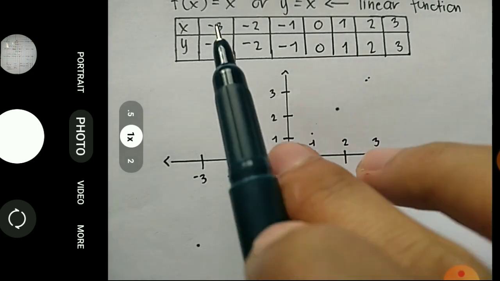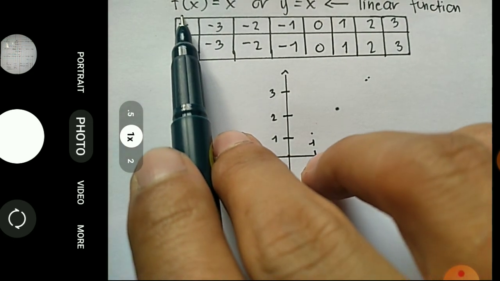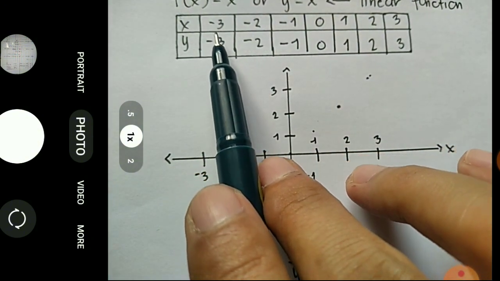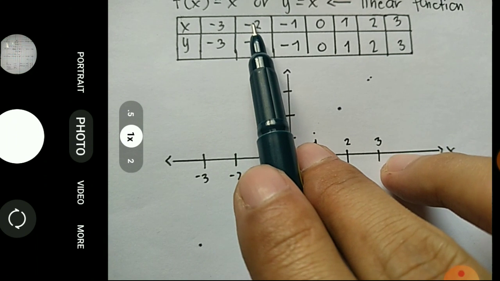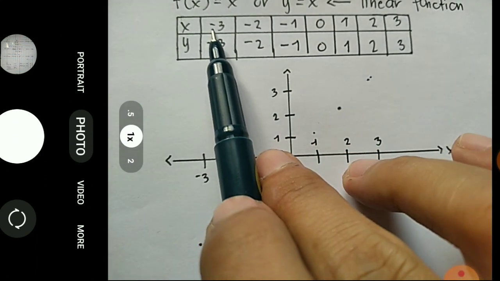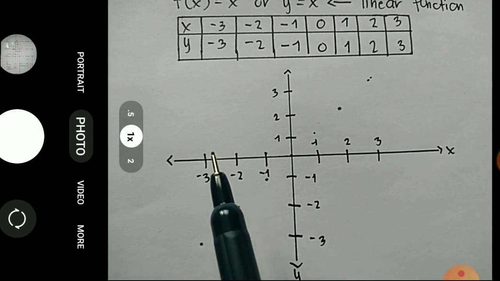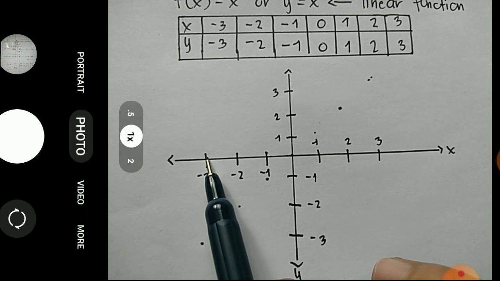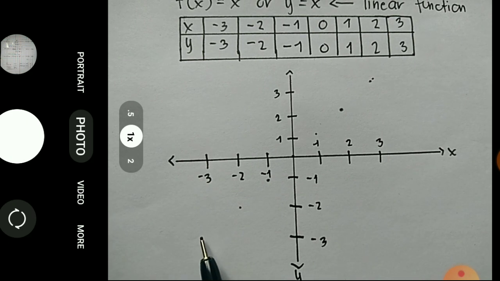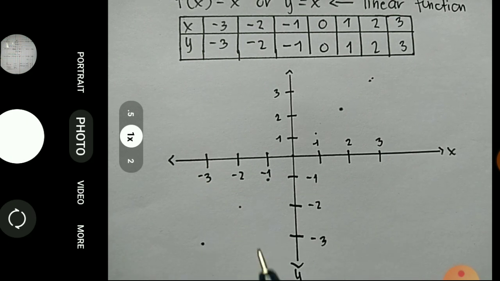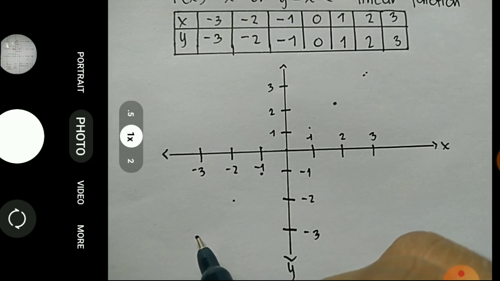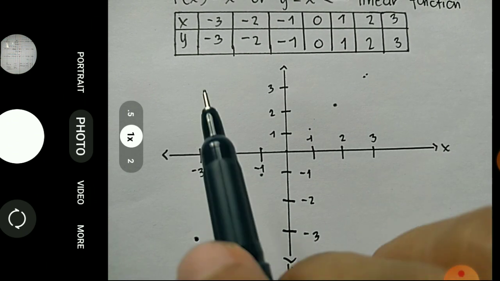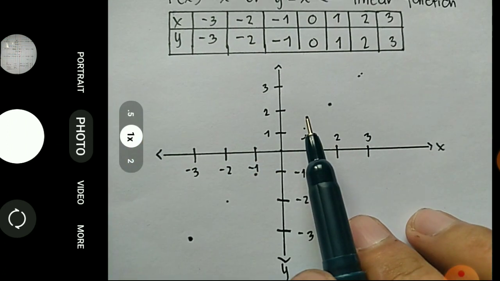To determine the location of this graph, you just need to plot these coordinates, or these points. If x is equal to negative 3, and y is equal to negative 3, this is our point of intersection between these values.